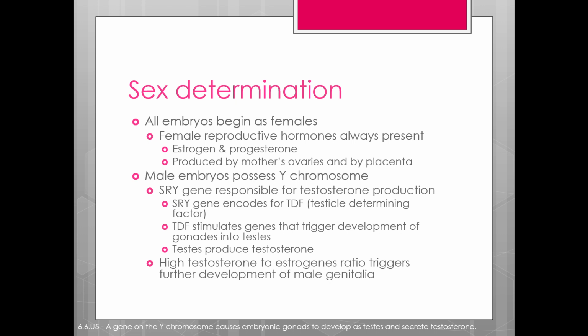Then, if there is a Y chromosome present with the SRY gene, at some moment it will turn on, and activity of the SRY gene will lead to extensive production of testosterone. Testosterone is what converts the previously female embryo into a male one, and from this moment on it should develop as a male.